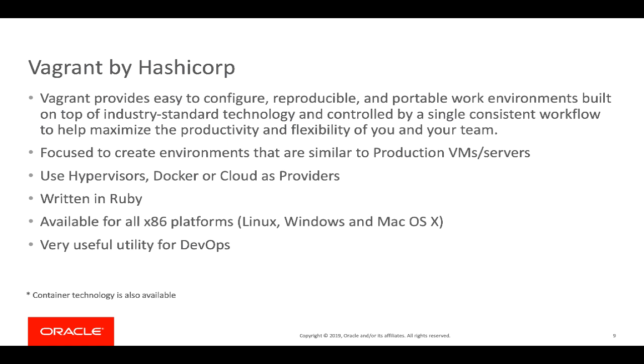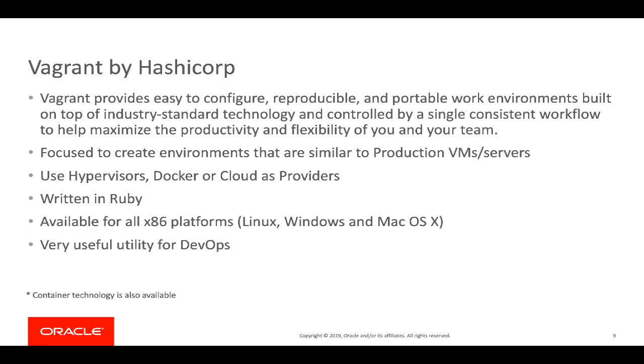Vagrant also integrates with your existing configuration management tooling like Chef, Puppet, Ansible, or Salt, so you can use the same script to configure Vagrant as production. Vagrant works on Mac, Linux, Windows, and more, so all the x86 operating systems.